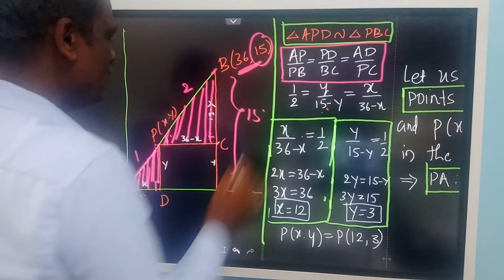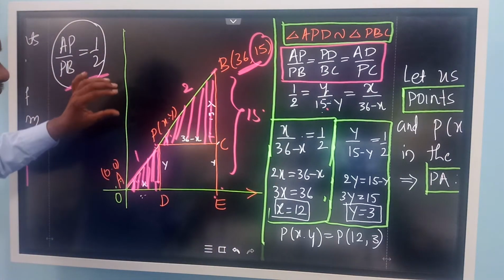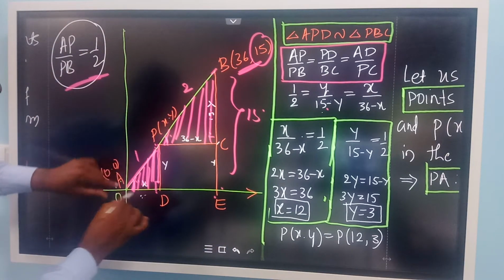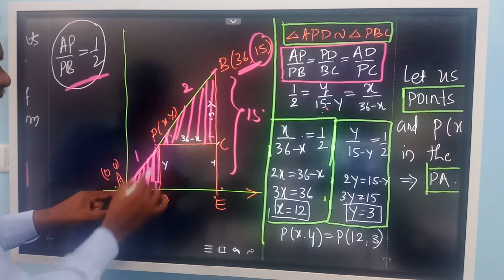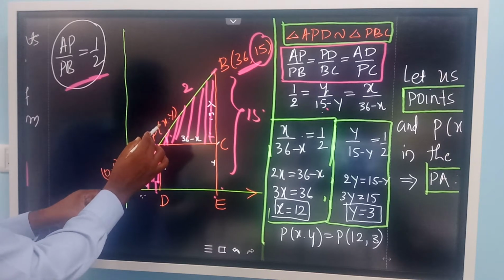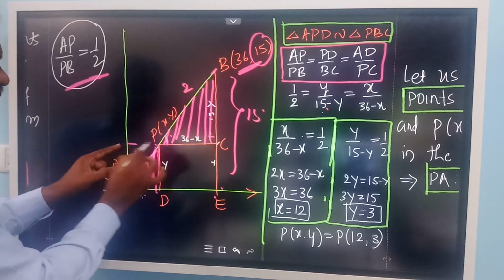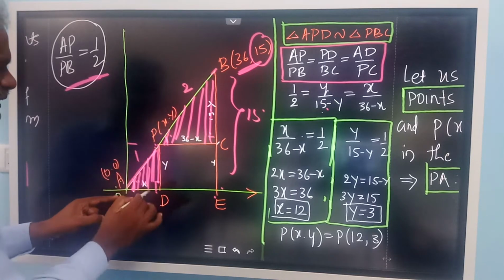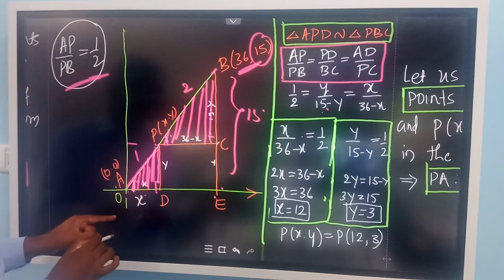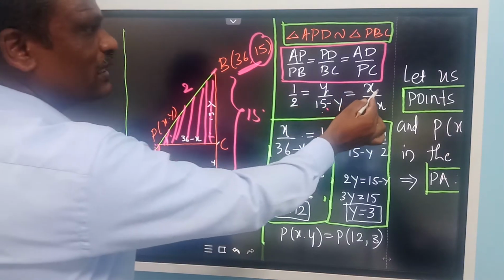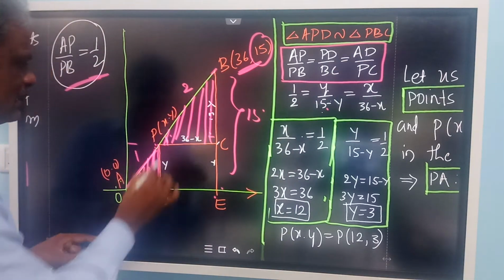Then AD by PC. Look at the points A and D. From here to here, what is the distance? You can see the first coordinate here, x. This distance will be the same, so these two distances are the same. So from here to here it is x. I have written AD as x. What is PC?